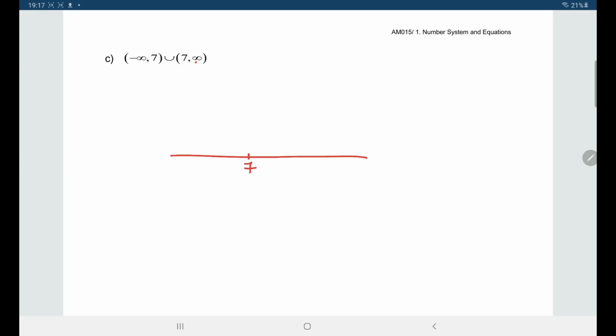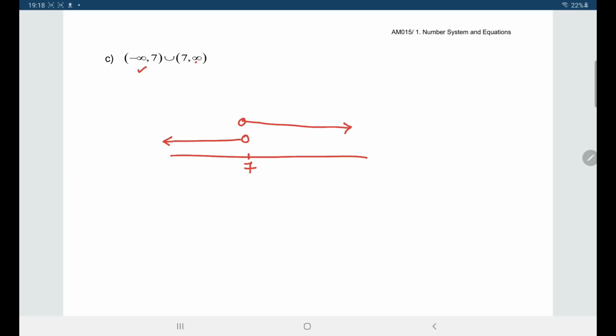Next step, represent the first interval on the number line. So we draw from number 7 to the left. At number 7, we draw an empty circle because number 7 is not included. Next interval from 7 to the right. Number 7, empty circle because number 7 is not included.